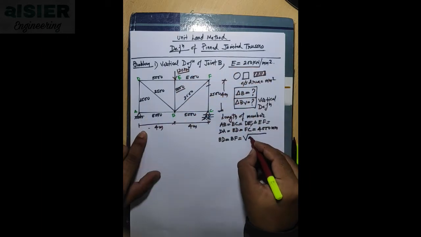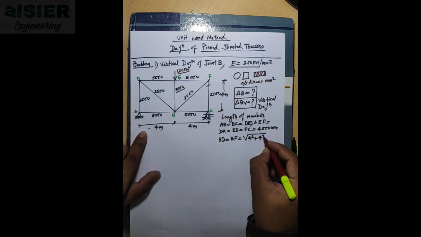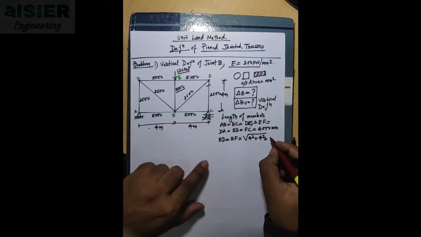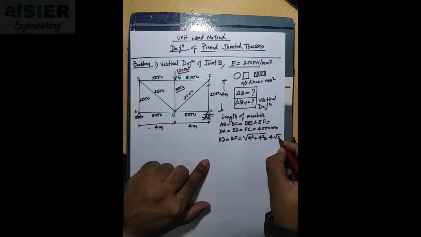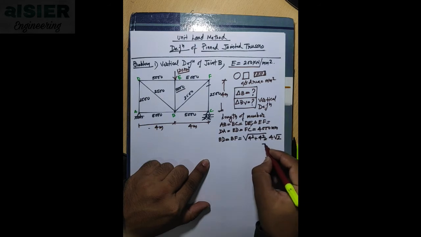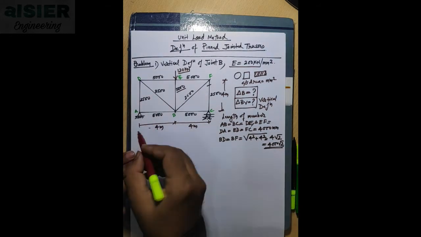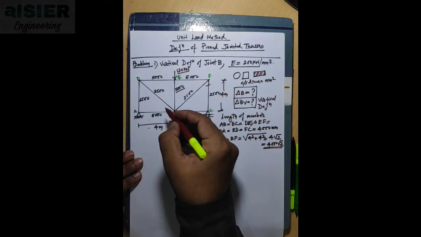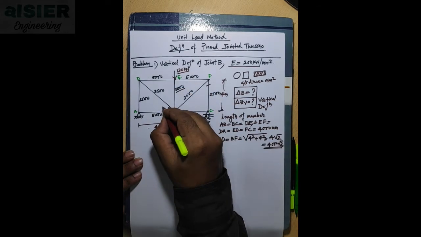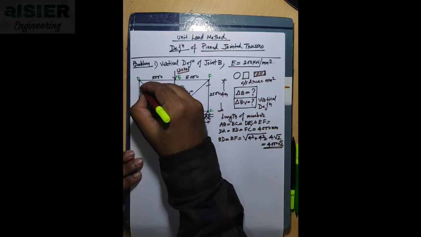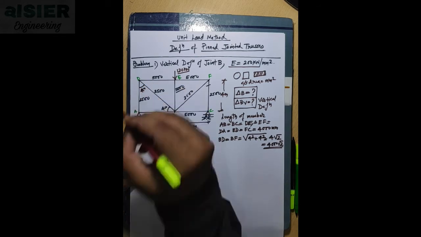That is equal to 4 root 2, or we can also write it as 4000 root 2. Okay, so we know the length. Now as we know that this is 4 meter and this is 4 meter, this angle is 45 degrees. Similarly, this angle is also 45 degrees.